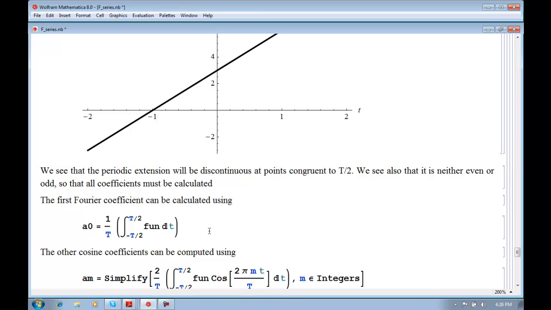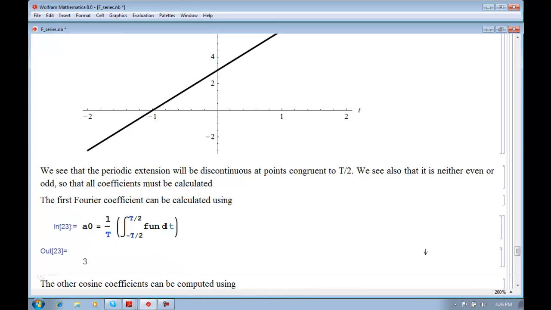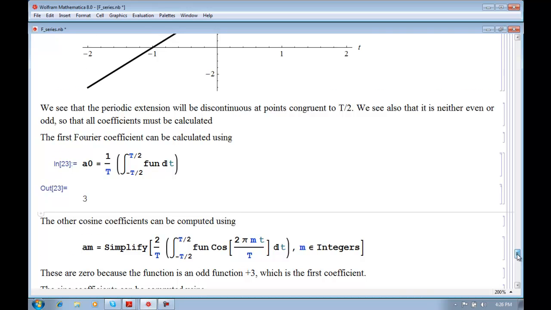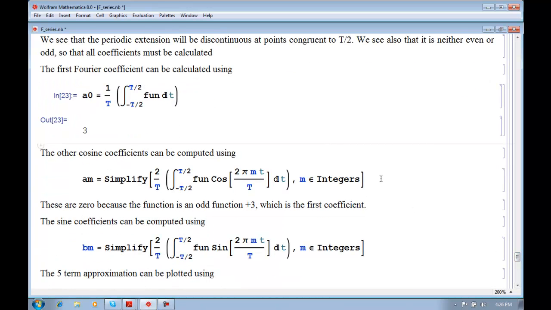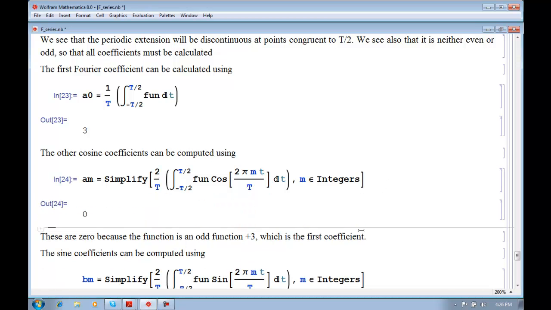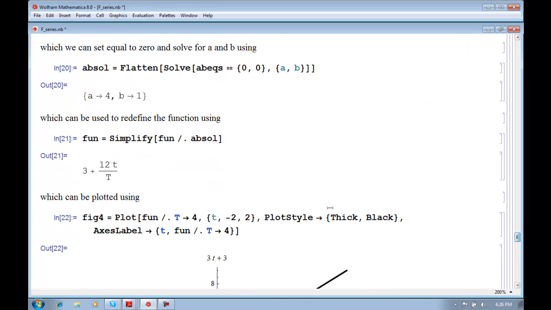We can calculate a0 using this, which is just 3. And then we can calculate the other cosine coefficients using this, and they're all 0. That's because the function here is 3, which is an even function, plus this, which is an odd function. So the only cosine term will be a0.